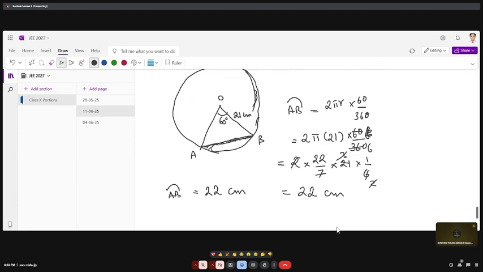This area. Okay, when a card cuts the circle into two, the smaller segment is minor segment, bigger segment is the major segment. So now the area of the minor segment means this, whatever I have shaded.